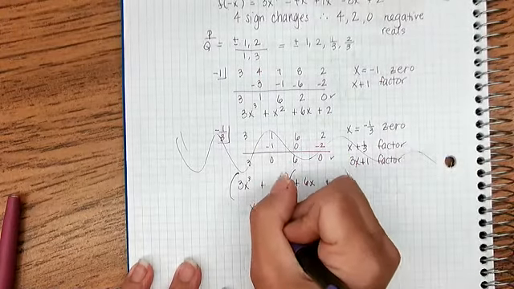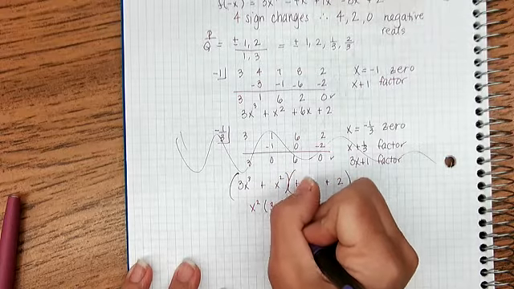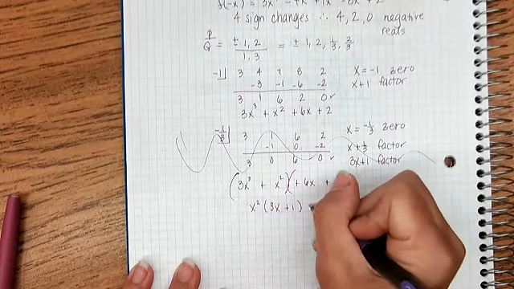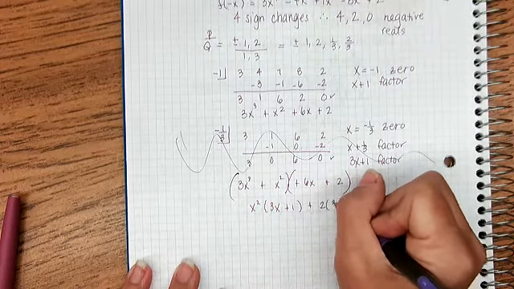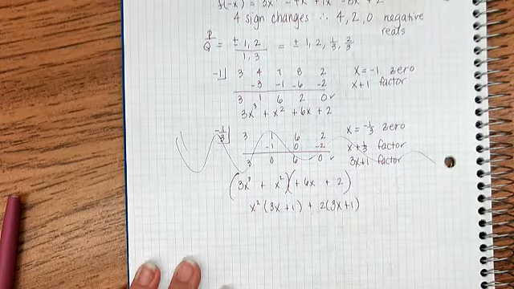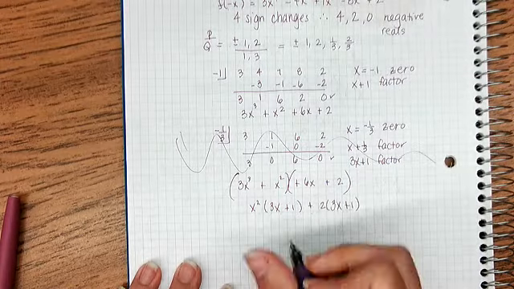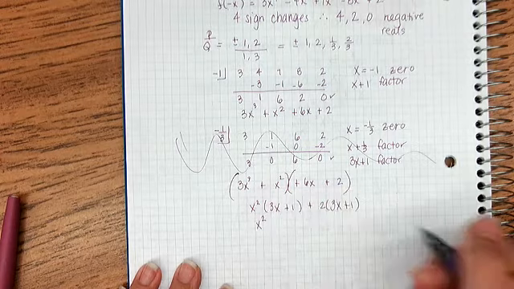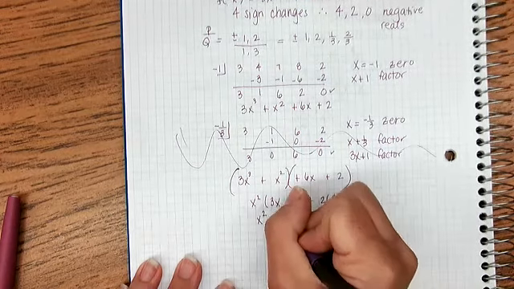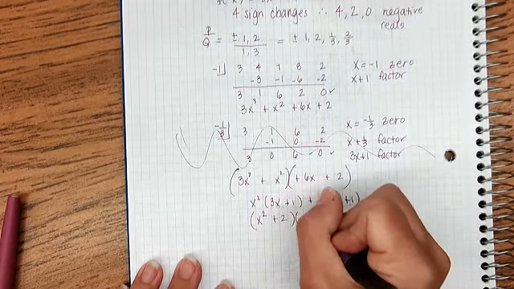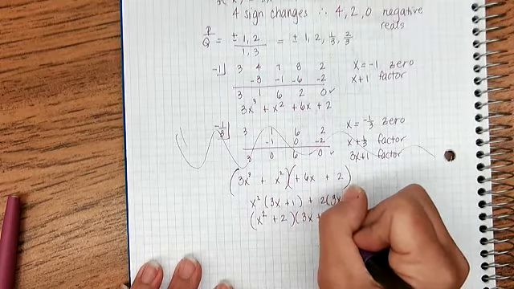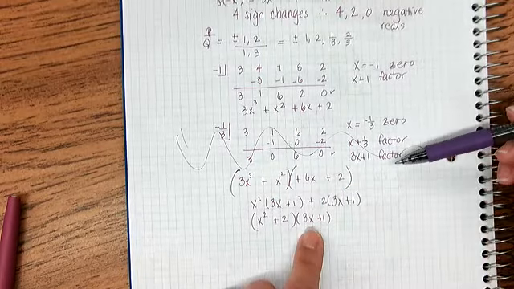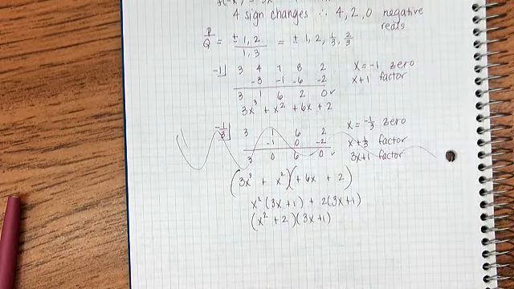Gives you x squared, 3x plus 1, plus 2, 3x plus 1, x squared plus 2. There's that 3x plus 1 factor.